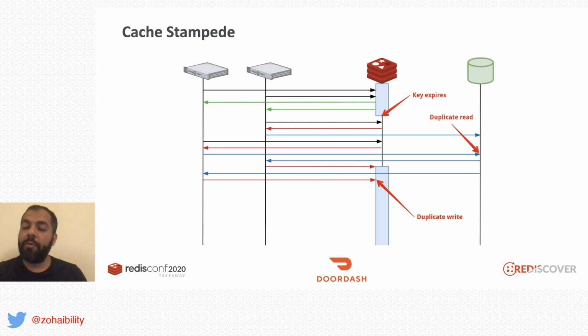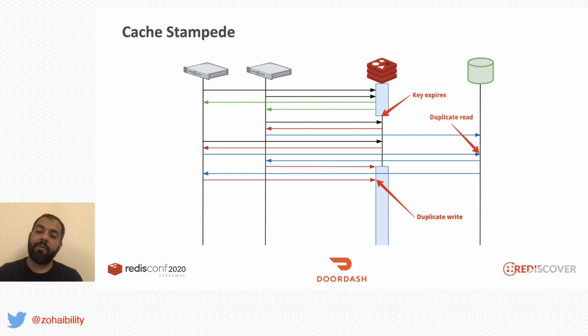Not only are these blue arrows duplicate reads, but this is going to cause a problem when you're serving requests in hundreds of thousands per second. You're literally going to slam your database with all this traffic, and you're obviously going to observe a latency increase.